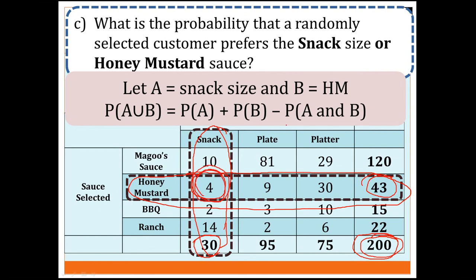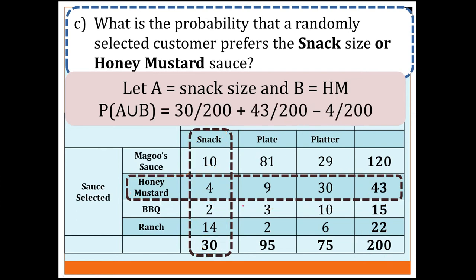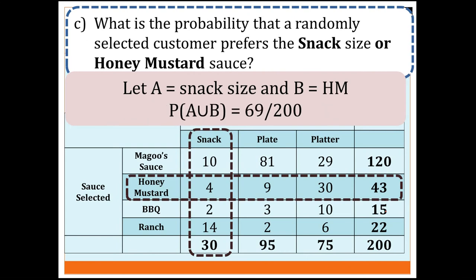That's why in the formula we have to subtract it once, because it was included twice. It should only be included once. So finding the probability of A or B means that 30 out of 200 plus the 43 out of 200 minus 4 out of 200. And that gives us 69 out of 200. That's the probability of A or B.